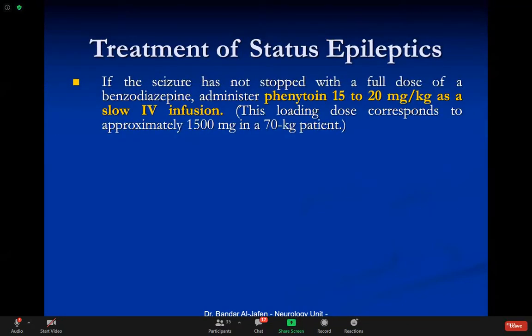All right. So if the seizure doesn't stop with a full dose of benzo, you go to your next step, which is typically phenytoin. Some studies are showing that we can use other anti-epileptics, but we're just going to go with the traditional pathway right now, which is using phenytoin, about 15 to 20 milligrams per kilogram as a slow IV infusion.